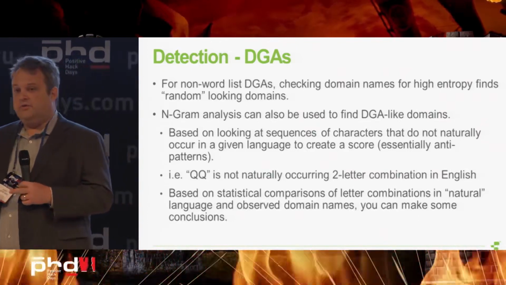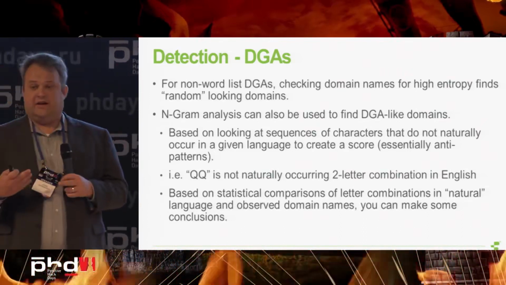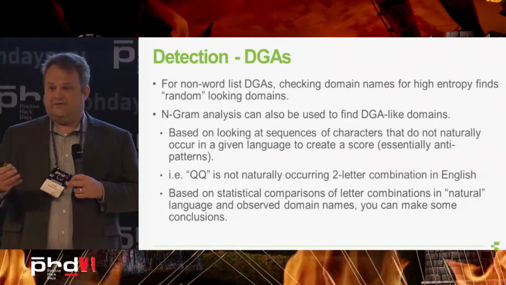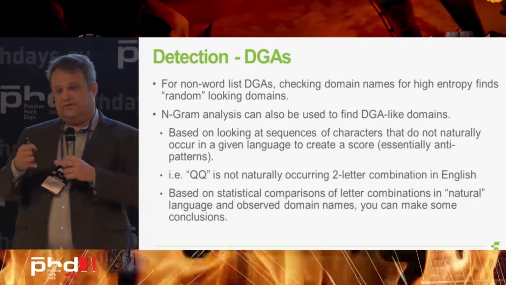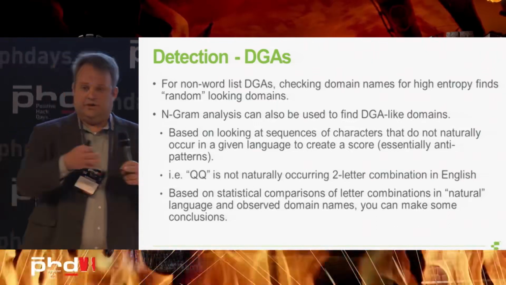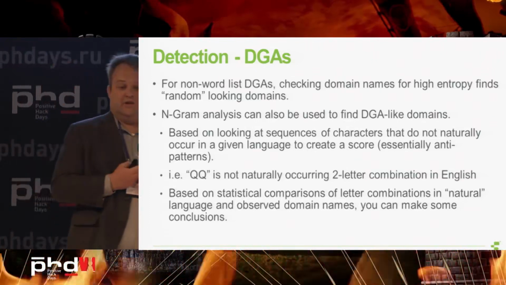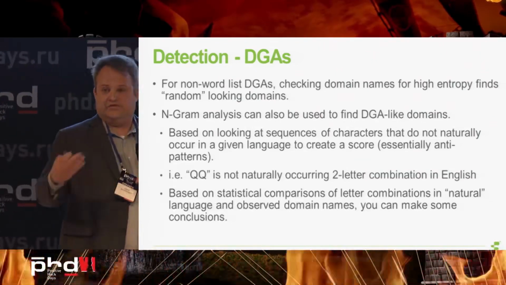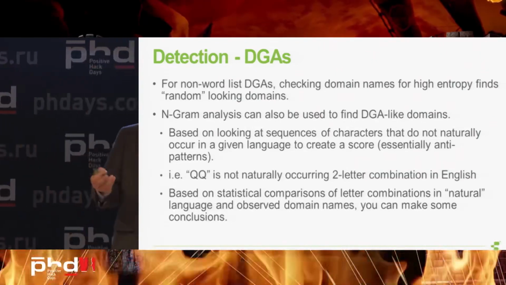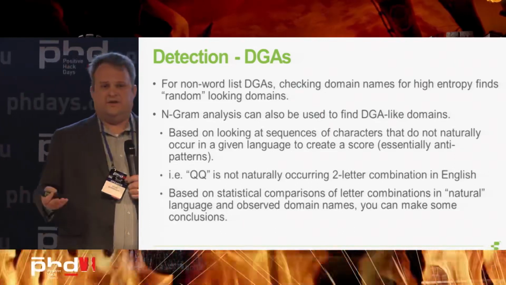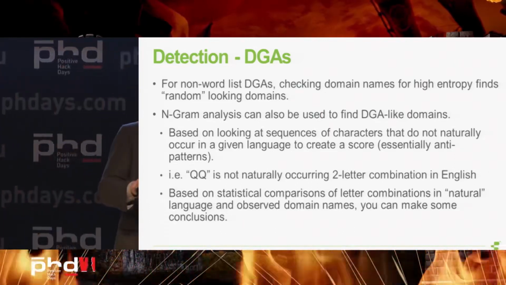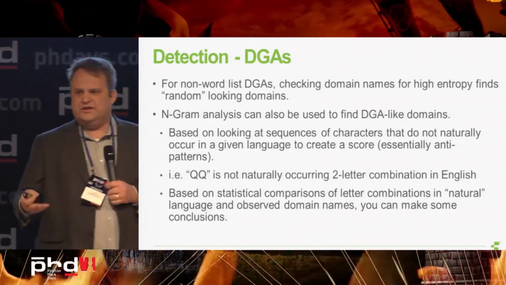You can also do things like n-gram analysis, taking character combinations and then looking at statistical patterns in domain names versus what would normally occur in natural human languages. So you're looking for sequences of letters that are otherwise not common, and that would indicate, not necessarily prove, the presence of a DGA.